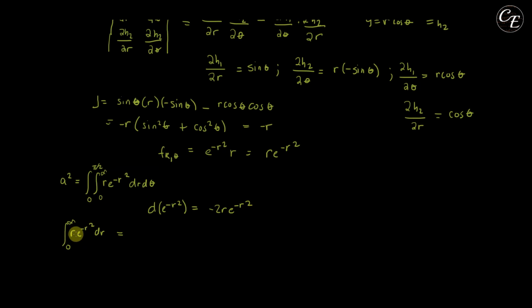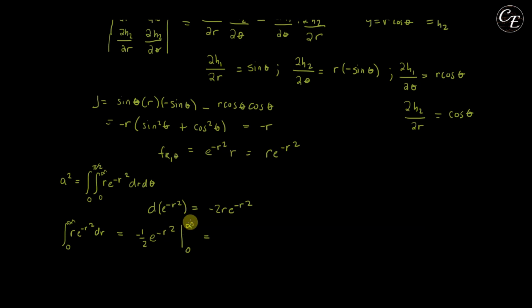Since we don't have negative 2 here, we need to multiply by negative 1/2 to make it equal to this one, so that its integral is this one. Now we can write e raised to negative r squared as the integral of this one, to be evaluated from 0 to infinity.